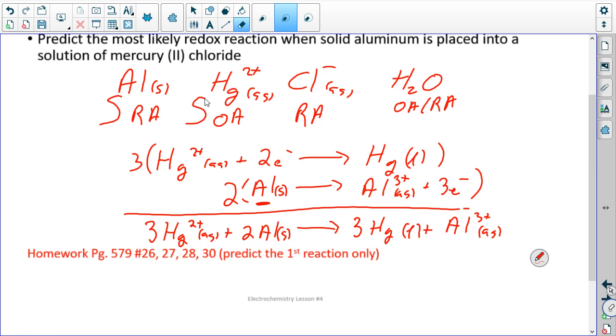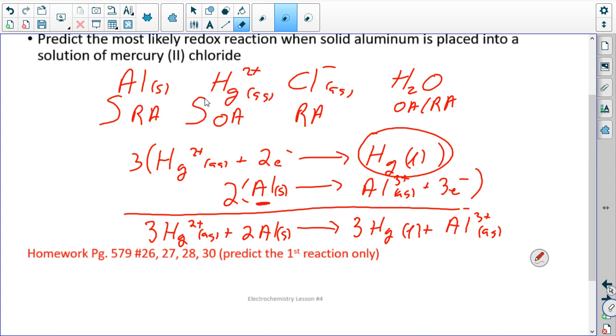So what I have is aluminum disappearing. My solid aluminum would be eaten away. I have liquid mercury being created. So I would see a liquid, or I would see a silver metal being created.